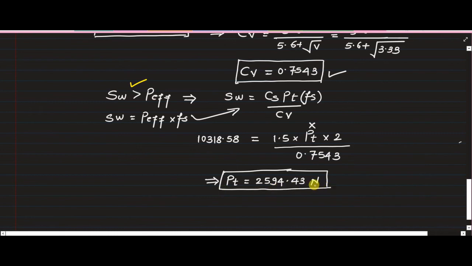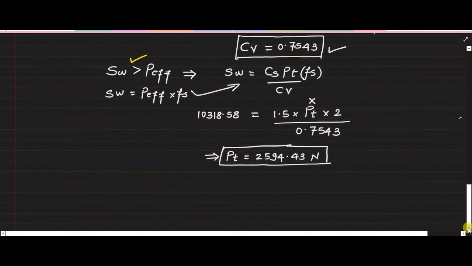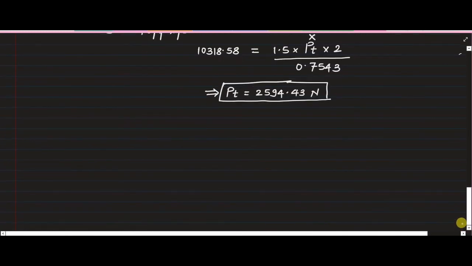Now because we have the tangential force, we can go ahead with the torque transmission capacity, or the torque which is transmitted. So MT, the torque transmitted, is equal to the force and the distance through which the force is acting, PT into dP by 2. PT is 2594.43, and dP is 88.27 divided by 2.